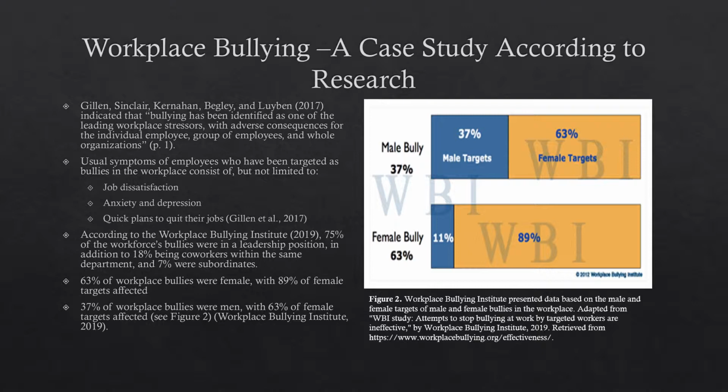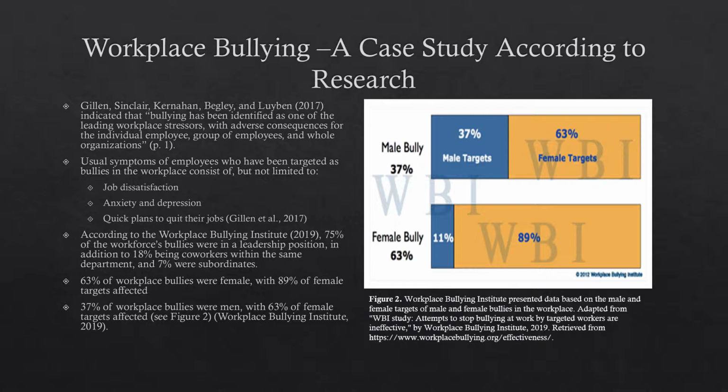According to the Workplace Bullying Institute, 75% of the workforce's bullies were in a leadership position, in addition to 18% being coworkers within the same department and 7% were subordinates. 63% of workplace bullies were female, with 89% of female targets affected. 37% of workplace bullies were men, with 63% of female targets affected.